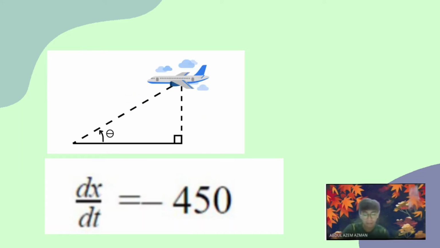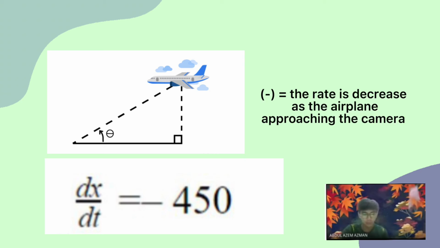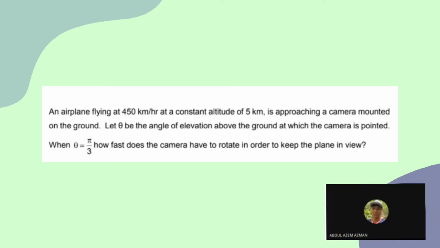When the airplane moves forward, approaching the camera, the angle will become smaller. When the angle becomes smaller, we need to put the negative sign to show that the rate is decreased. From the question, we know that the altitude is constant, which is 5 kilometers.